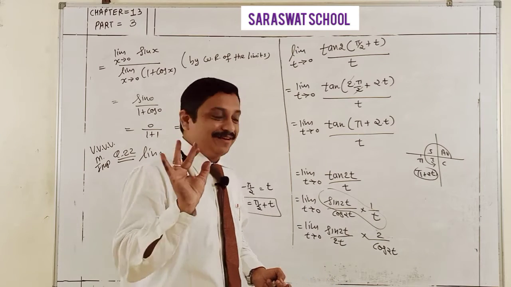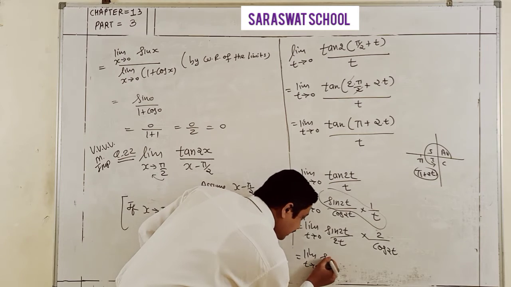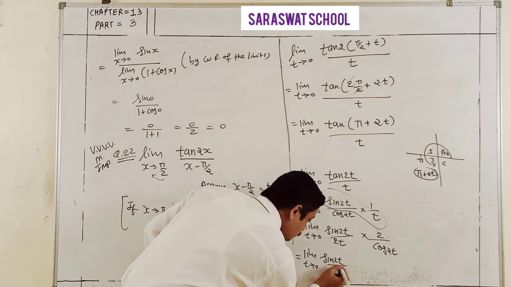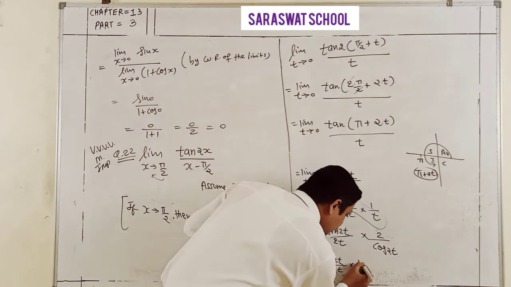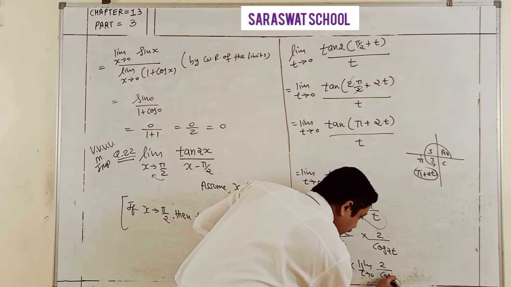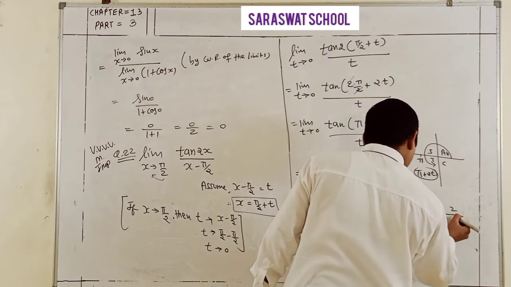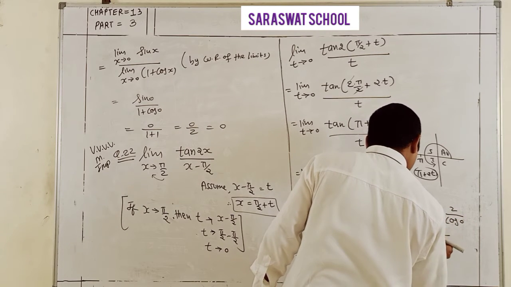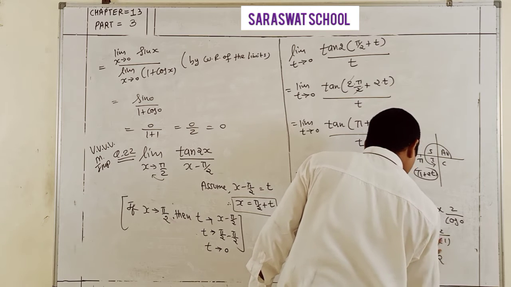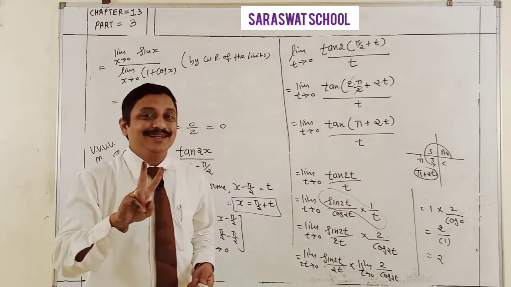I separate it: sin 2t by 2t, 2 also multiplied, and the other part separate. Limit t tends to 0 of 2 by cos 2t. So my answer is 1 times 2 by cos 0. Cos 0 is also 1. Finally, your answer is only and only 2.